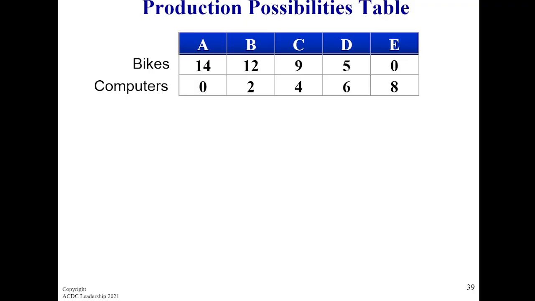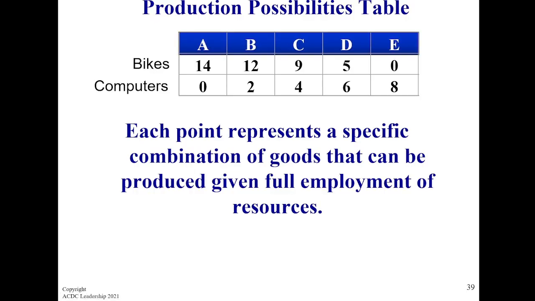So if a business wants to focus on bikes, they can produce 14 bikes, but then they can't produce any computers. Furthermore, if they want to produce, for example, 6 computers, then they can only produce 5 bikes. So you can see how we might graph this. This is essentially just points that we'll put on our graph. Each point represents a specific combination of goods that can be produced given full employment of resources.